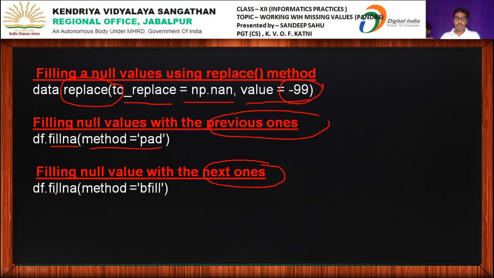Similarly, if you want to fill the current value with the next value of the data frame, then you have to write method equals 'bfill' under single quotes.